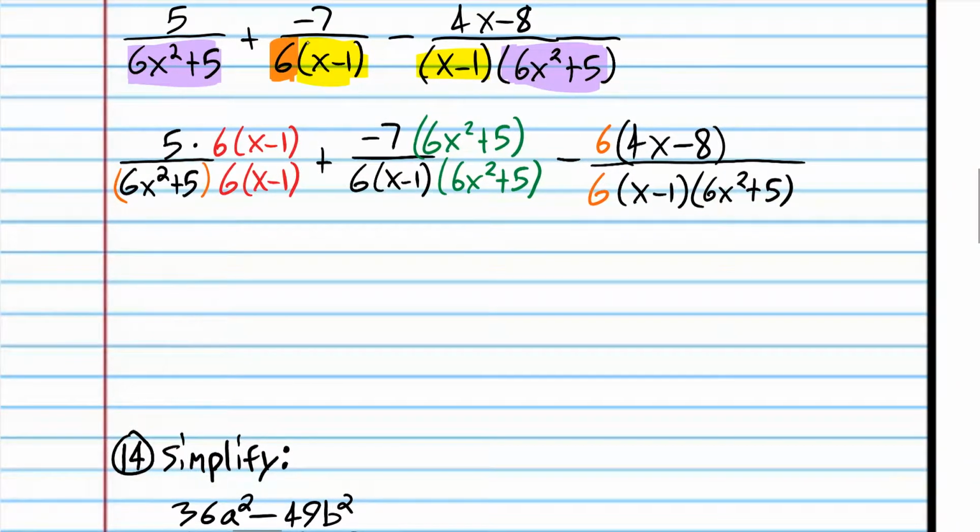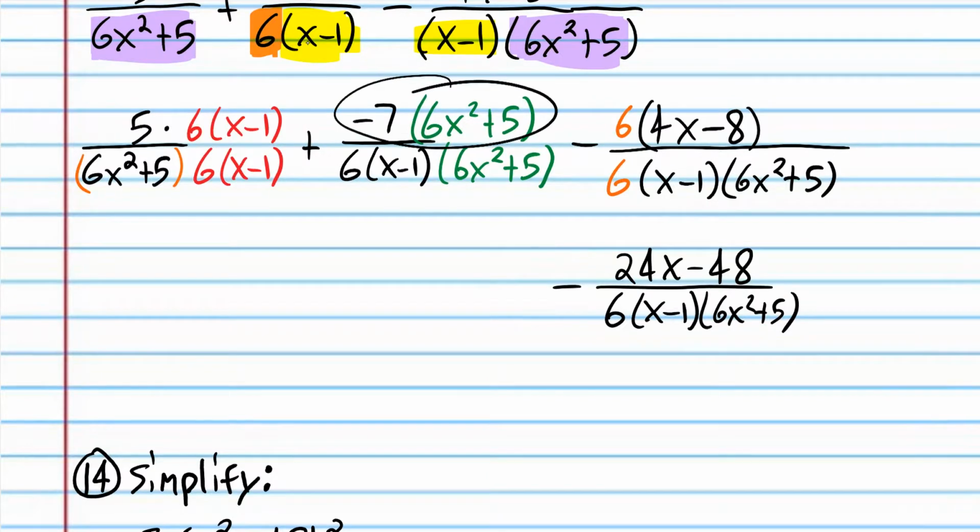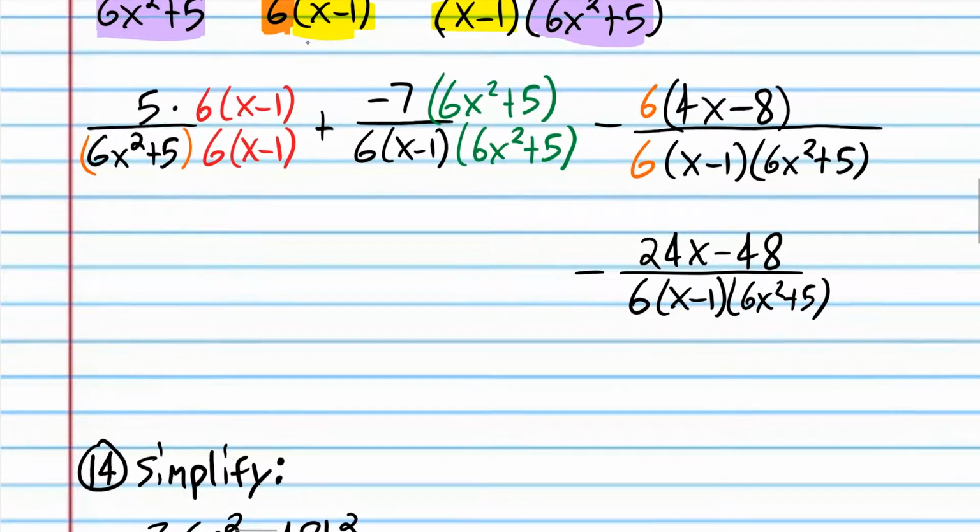So maybe I'll do the easy part first. I'm going to do this stuff here. 6 times 4x is 24x. 6 times negative 8 is negative 48. I use the distributive property there. And I have 6 times x minus 1 times 6x squared plus 5. Now I'm going to use distribution here. Negative 7 times 6x squared is negative 42x squared.